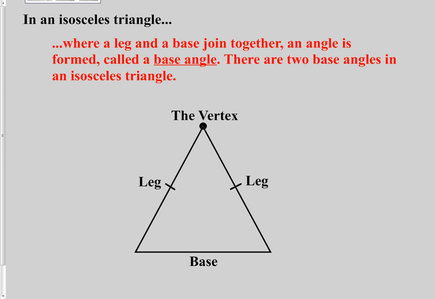Now there are two such angles in an isosceles triangle, and be sure to mark them in your picture. The two angles that make contact with the base itself are referred to as base angles.